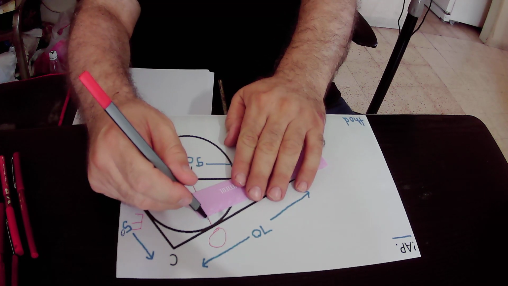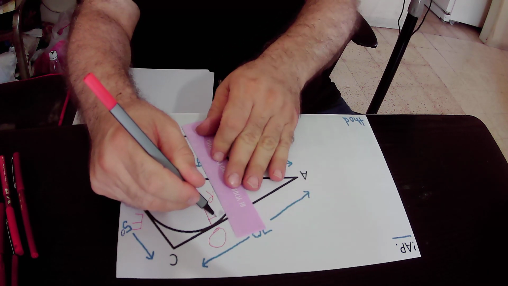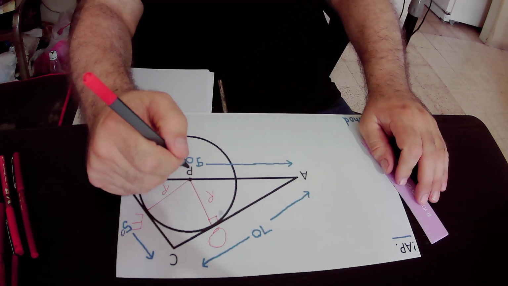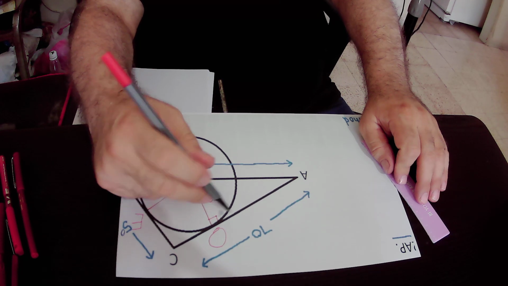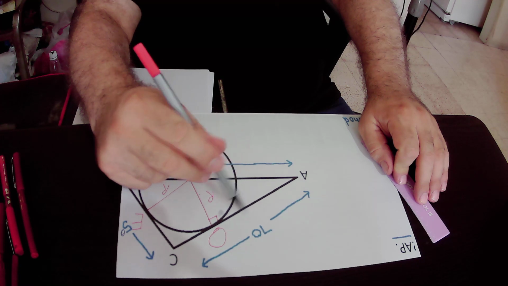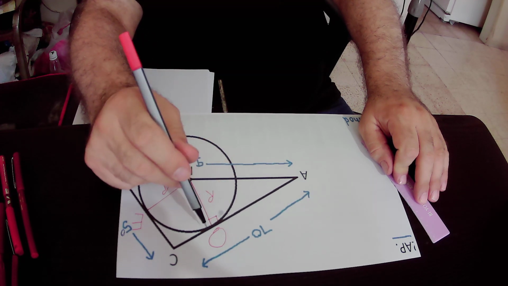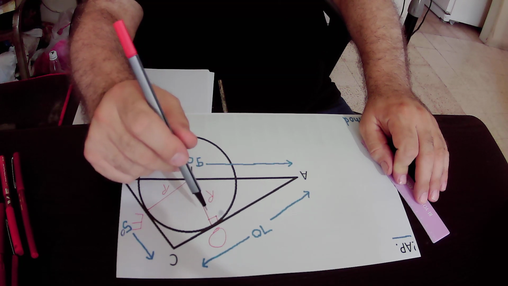So angle POA will be equal to 90 degrees because the radius is perpendicular to side AC, that is, side AC is also the tangent to this circle.